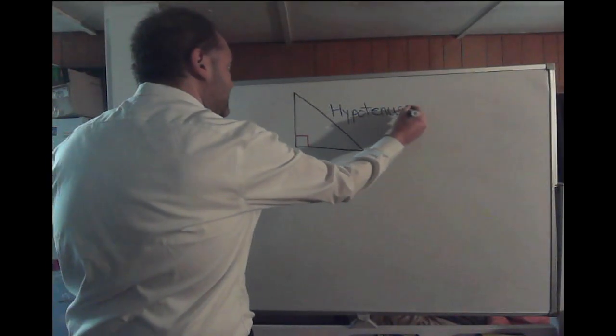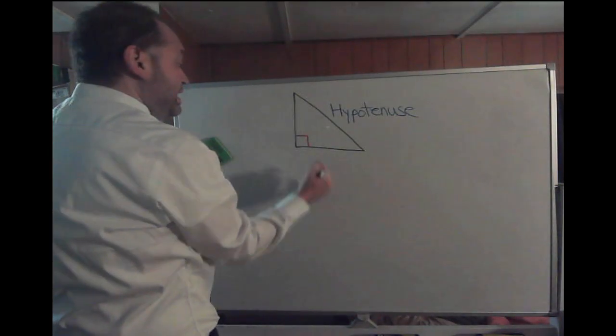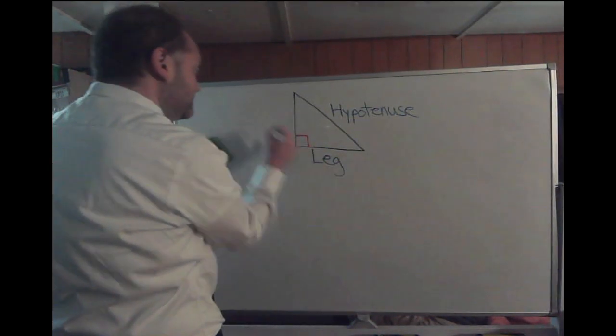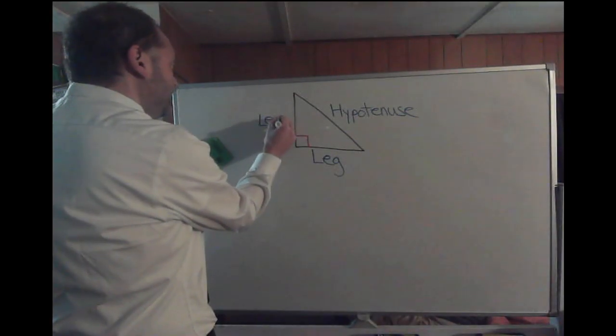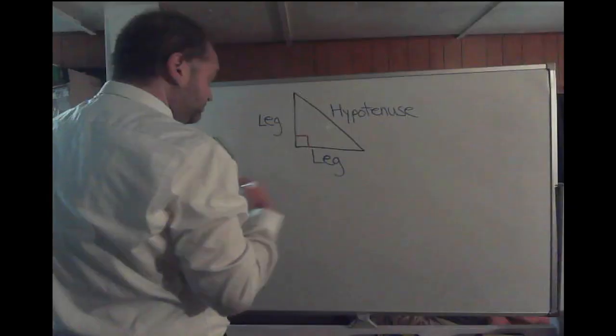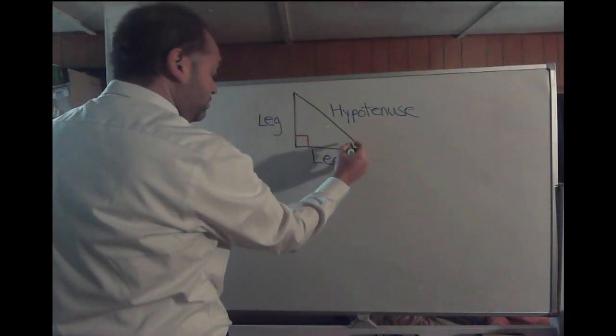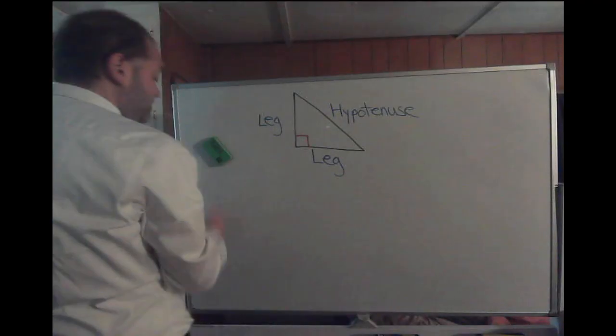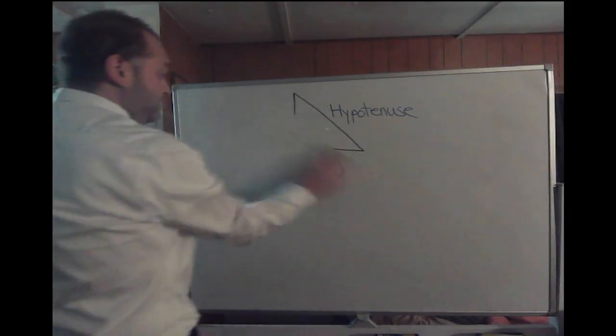And then the other 2 sides are called your legs. So here's a leg, and here's a leg. And then, of course, the other 2 angles here are going to be acute angles in a right triangle. So those are the parts of a right triangle. Now let's get into the theorems.